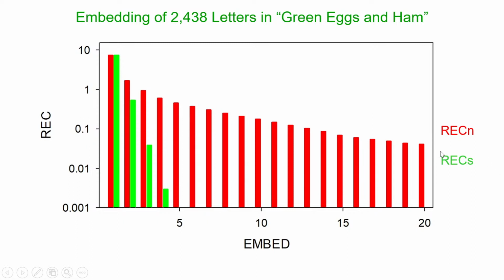But after you shuffle the data, look what happens. It goes down rapidly. In other words, there's no word longer than 4, so embedding doesn't do anything. So this would be after it's been scrambled. The green will always be the scrambled version, and the red will always be the non-scrambled version.